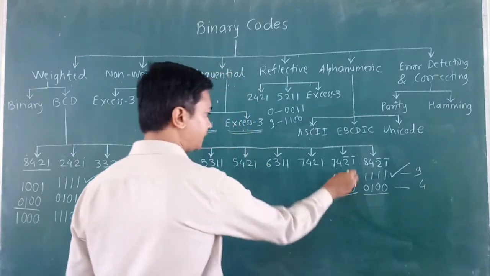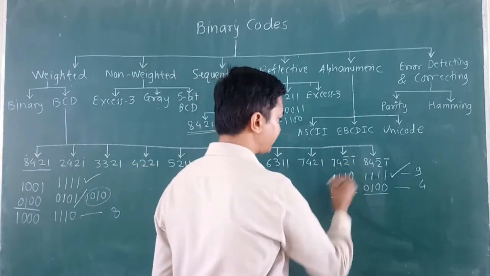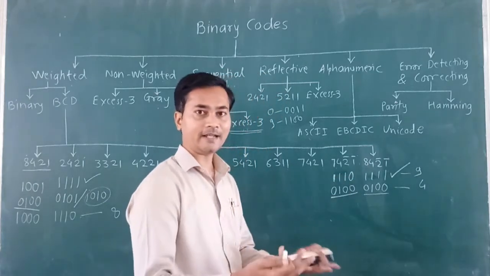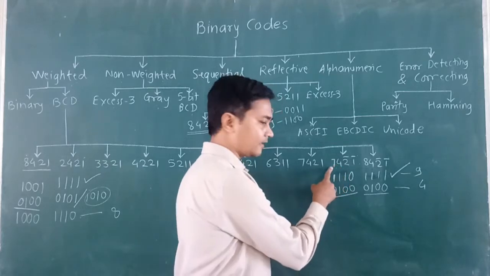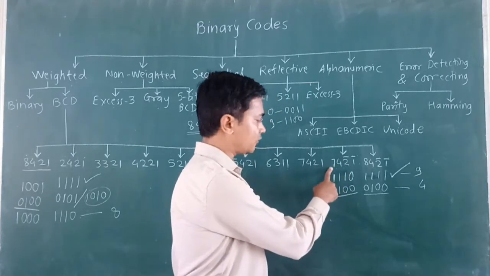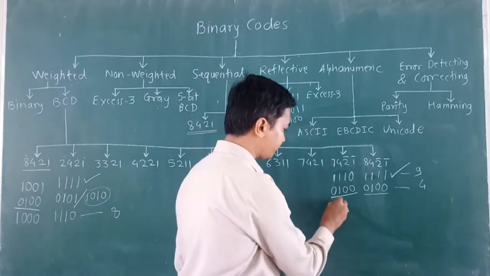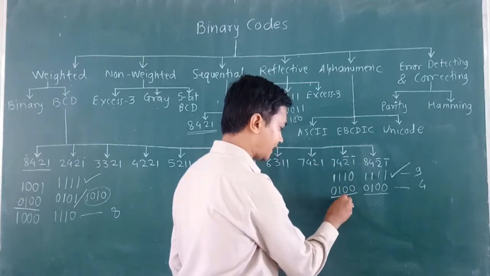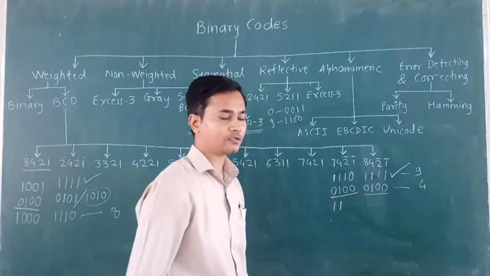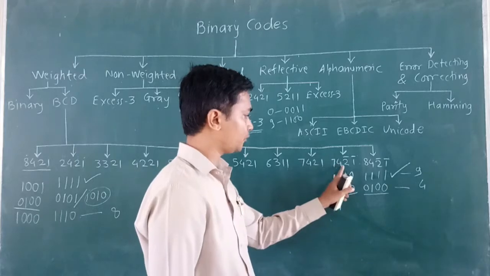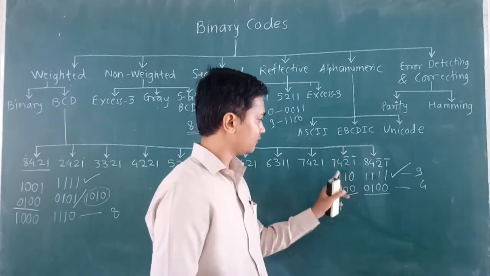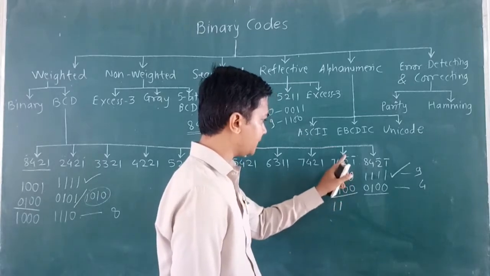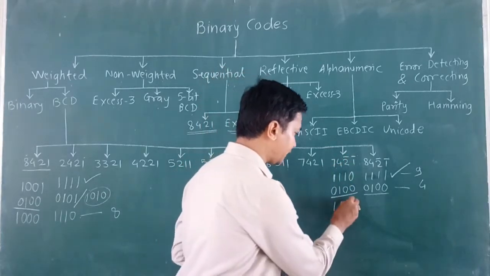Now what about 7 4 2 bar 1 bar for representing 8? By using 7 alone we cannot represent value 8. So 4 should also be made 1, because 7 plus 4 is 11. So we have to subtract 3 from this 11, so minus 2 and minus 1 should be made 1.